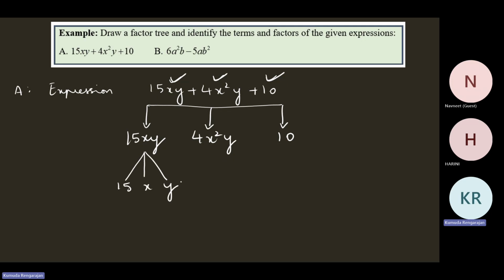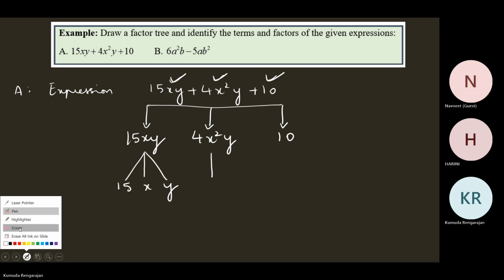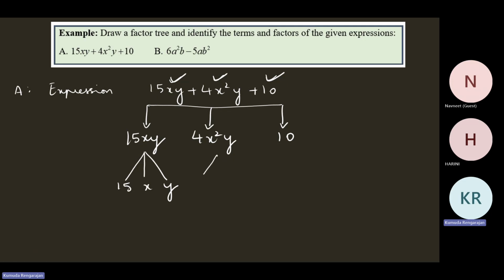But here 4 terms, 4, x, x and y, so don't start with a straight line like that. Start like this. So you write 4 here, x here, x here, and y here. Understand?